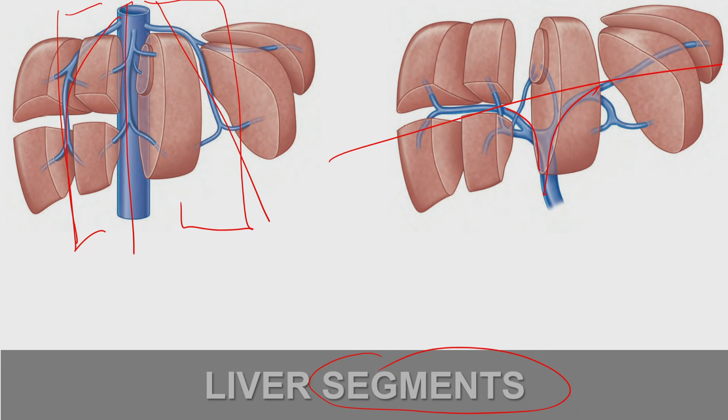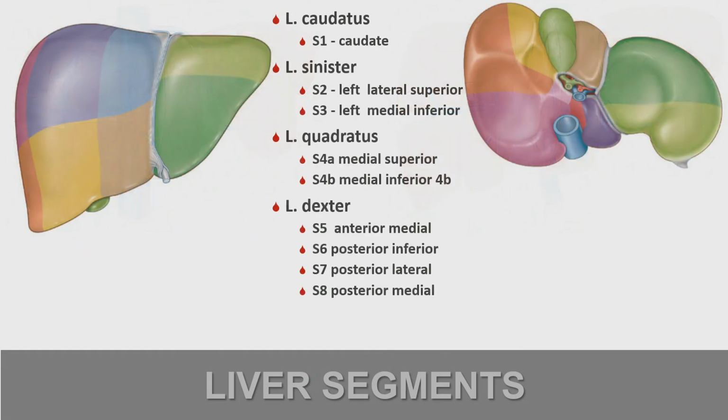Then we have the liver parenchyma dissected into four sectors and two halves, upper and lower. Those sectors are then named here. The first segment is the caudate. Then we have the superior and inferior left segments.